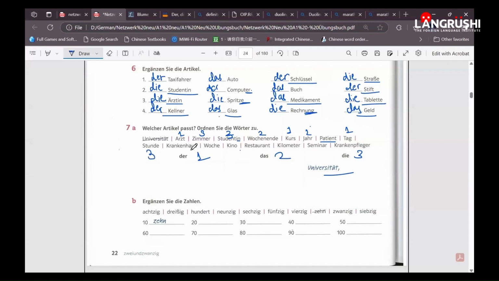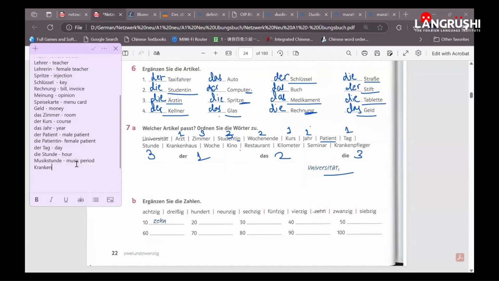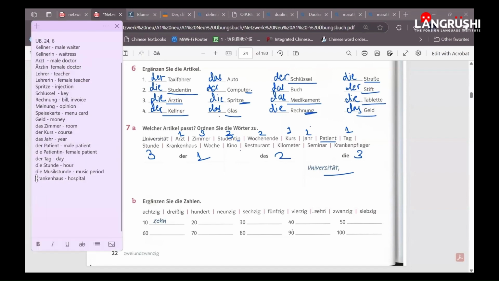Then we have Krankenhaus, hospital. What about this? What's the gender? Krankenhaus is hospital, right? And the gender is? Is it feminine? Check. No guesswork.